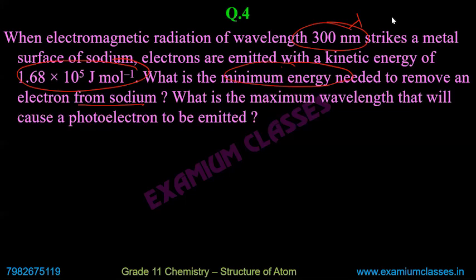Yes, Amir. Yes, sir. First you will divide the kinetic energy by Avogadro's number so that we get it per electron. And then, sir, we will use the formula E_t is equal to E naught plus half mv squared, the kinetic energy. Right.